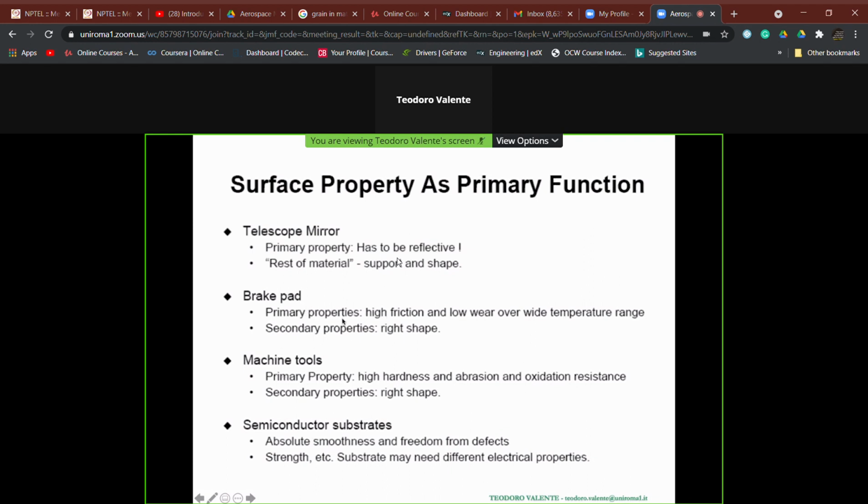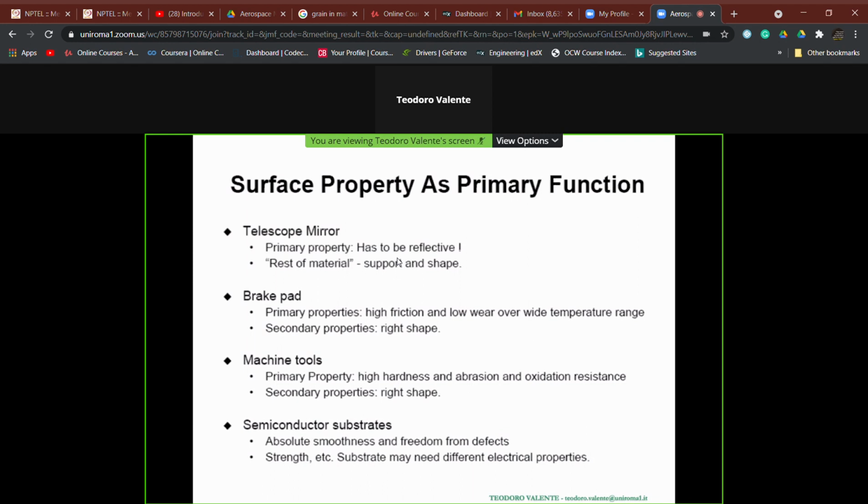In this case, the primary function of the surface is to have high friction and low wear over a wide temperature range. There are also secondary functions, such as maintaining the right shape, but the primary function is given by the surface of the components instead of the bulk.